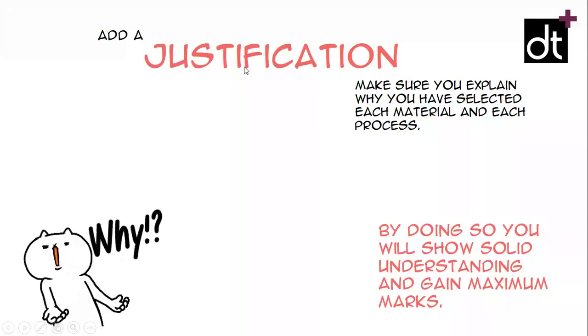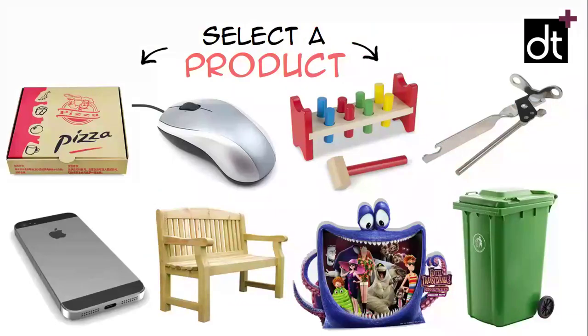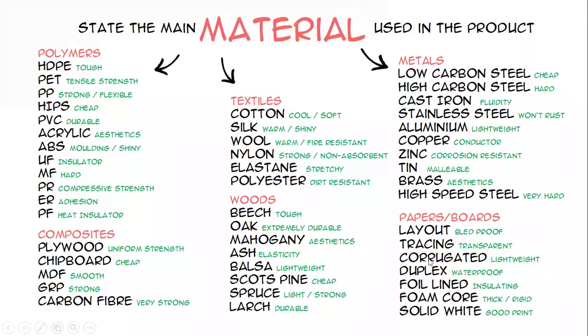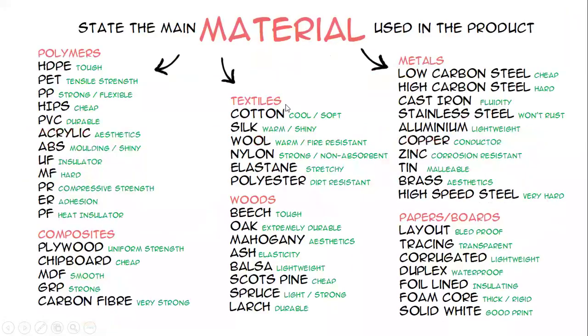So, for example, the pizza box is made from corrugated cardboard. It's made through die cutting. It's printed using offset lithographic printing techniques. That is fine, but that is not going to give you the top marks.